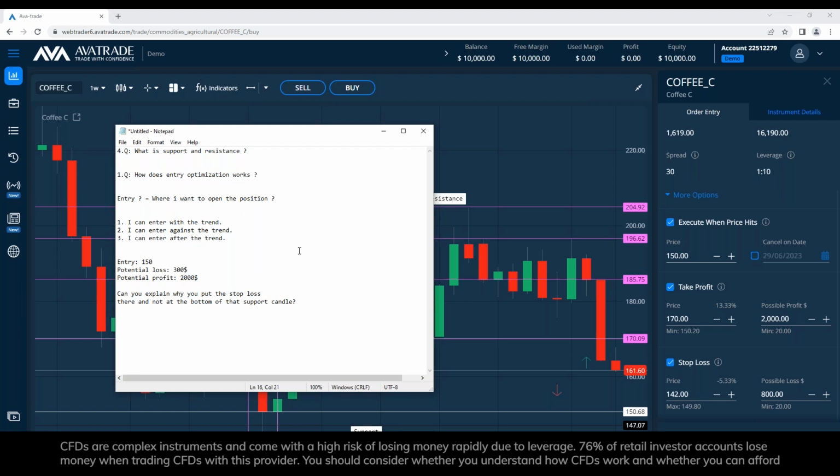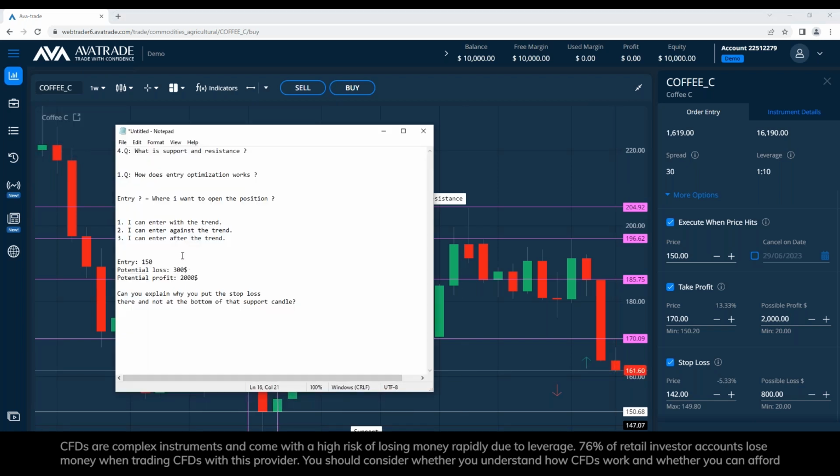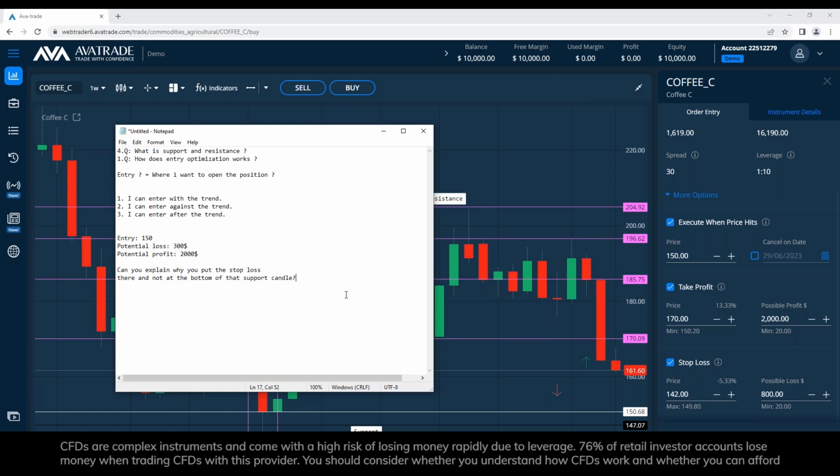Okay, let's recap quickly what happened. If I wanted to buy, I could buy here. Should I buy here though? Why shouldn't I buy in 160?